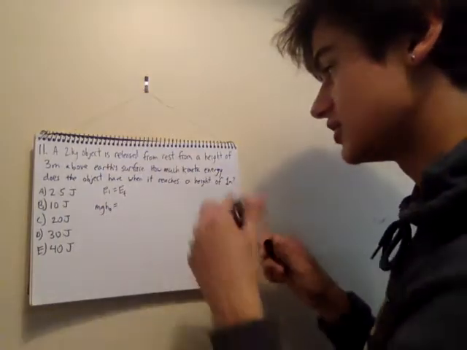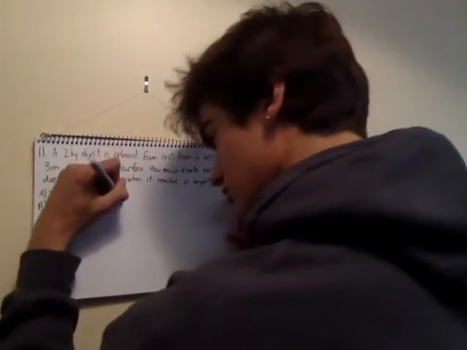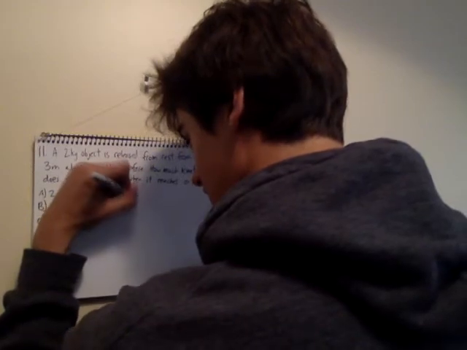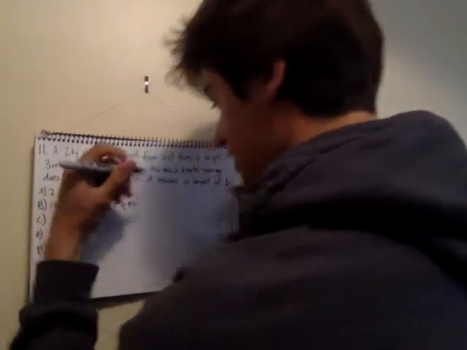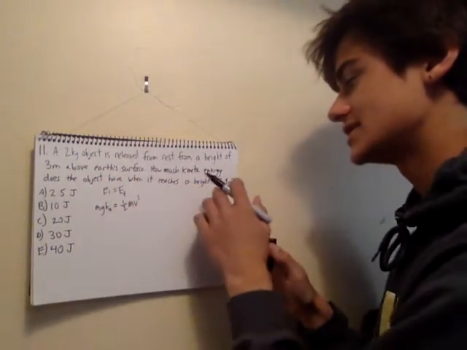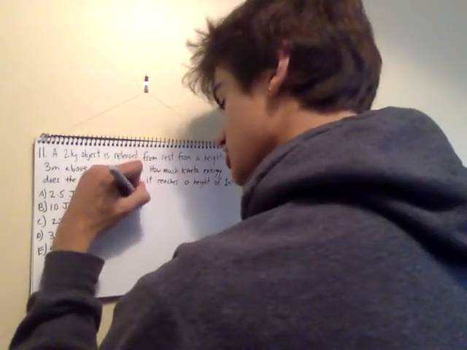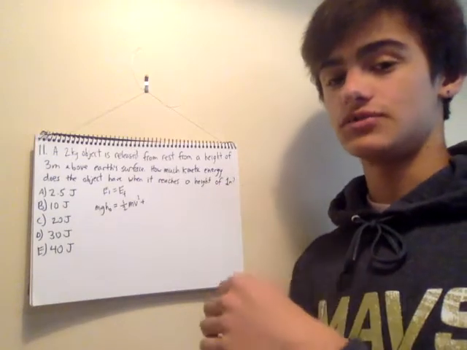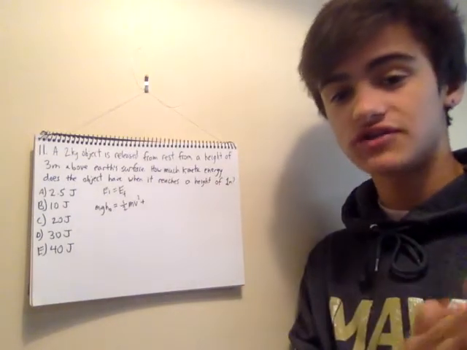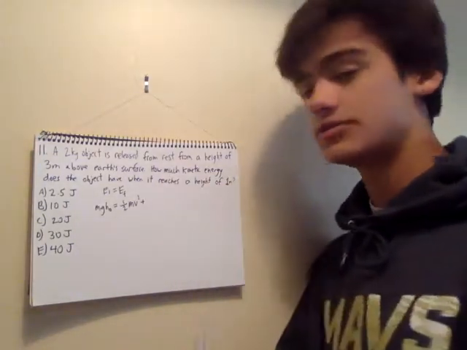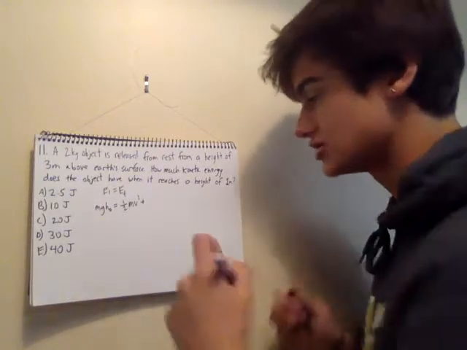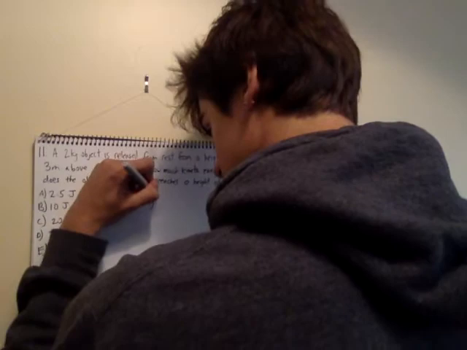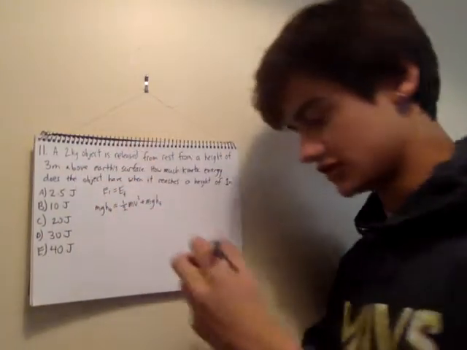So we're going to have kinetic energy, 1/2 mv squared, and then when it is at a height of 1 meter, there's going to be leftover gravitational potential energy. At the start, it's only gravitational potential energy. At a height of 1 meter, there's kinetic energy and gravitational potential energy: mass times gravity times height final.